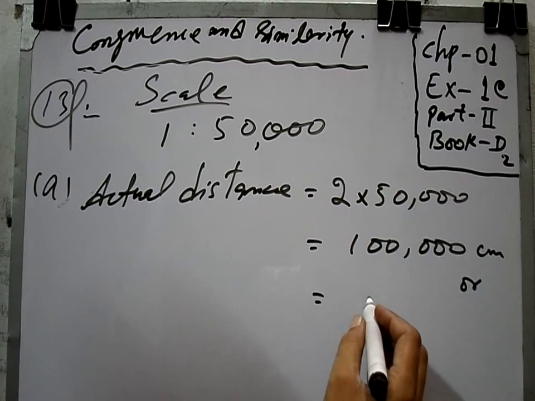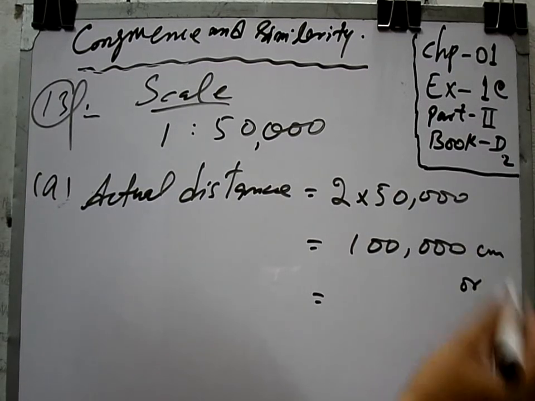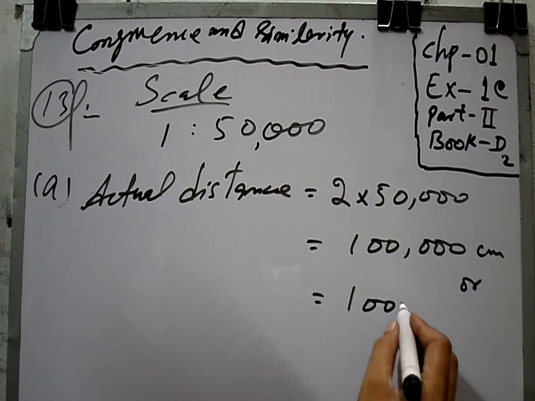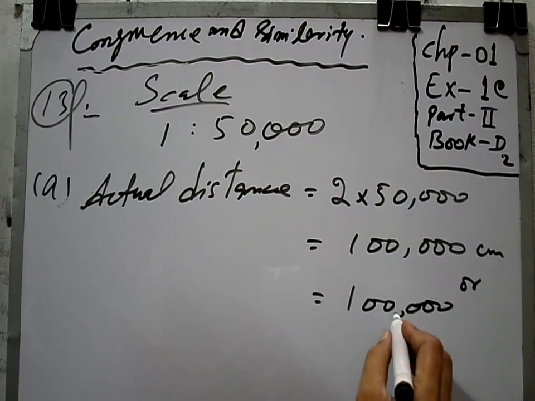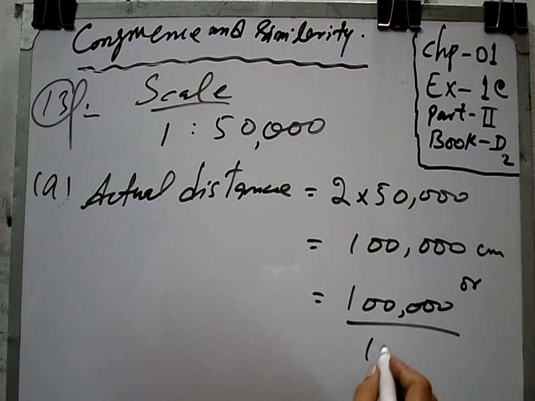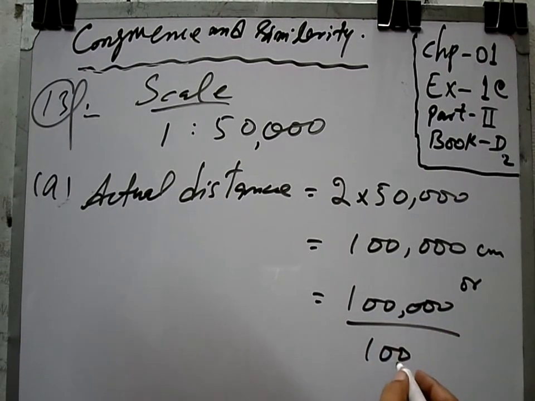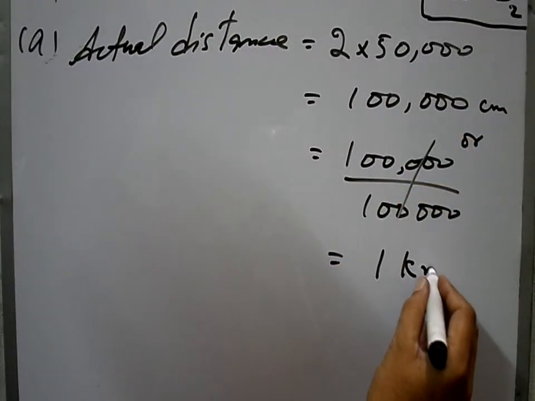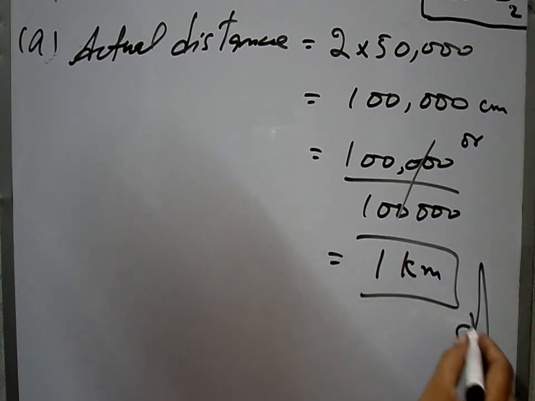So once again divided by 100,000, because centimeter to meter, meter to kilometer, then again 3 zeros. So after cancellation, you will get 1 kilometer is your required result.